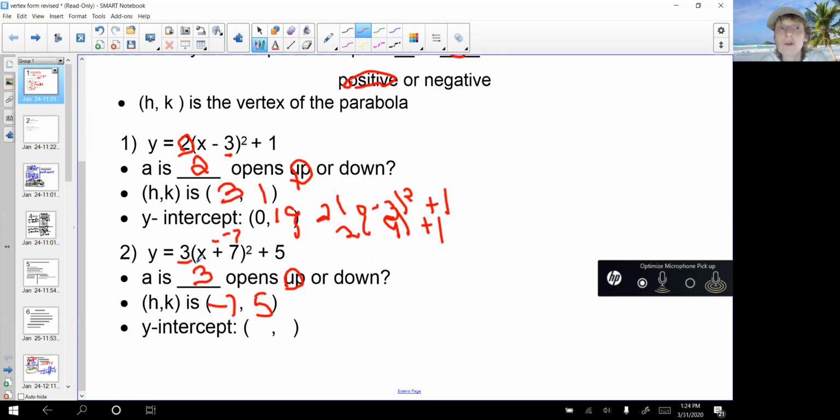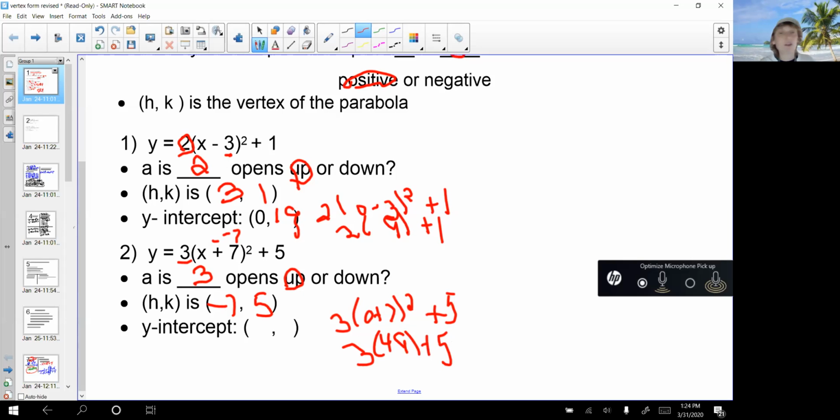Y-intercept, I'm going to put a 0 in for x. So this is 3 times (0 plus 7) squared plus 5. So this is 3 times 49 plus 5.